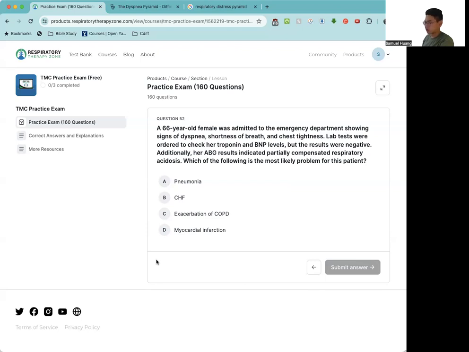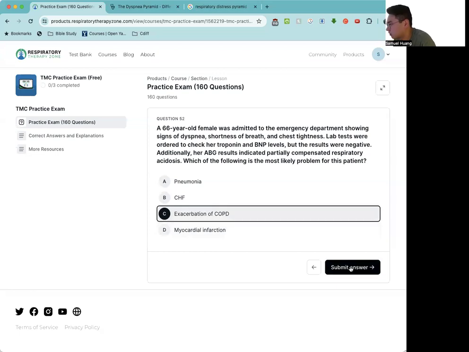ABG, respiratory acidosis. BNP is normal. It's not a heart attack. It's probably not CHF, because BNP is normal, they don't look like they have signs of fluid overload, no edema. Compensated respiratory acidosis means they are not breathing well. Maybe this is COPD. This sounds like COPD. It's not pneumonia. You wouldn't be compensated. It wouldn't be a chronic problem.